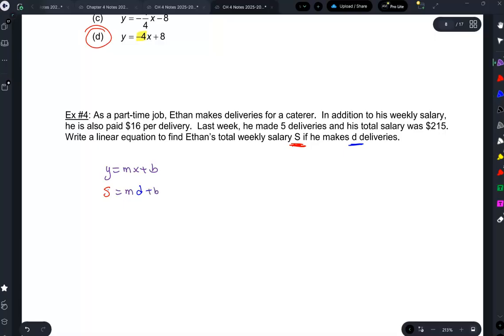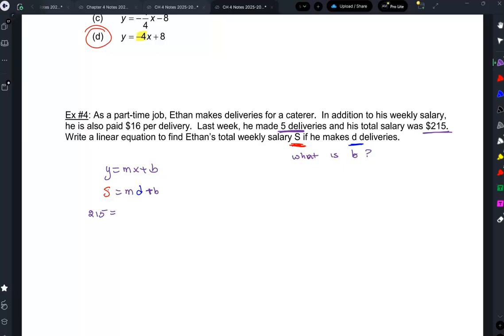So we actually need to find b. Last week he made 5 deliveries and his salary was $215. So S was $215 equals, what is the M in this problem?